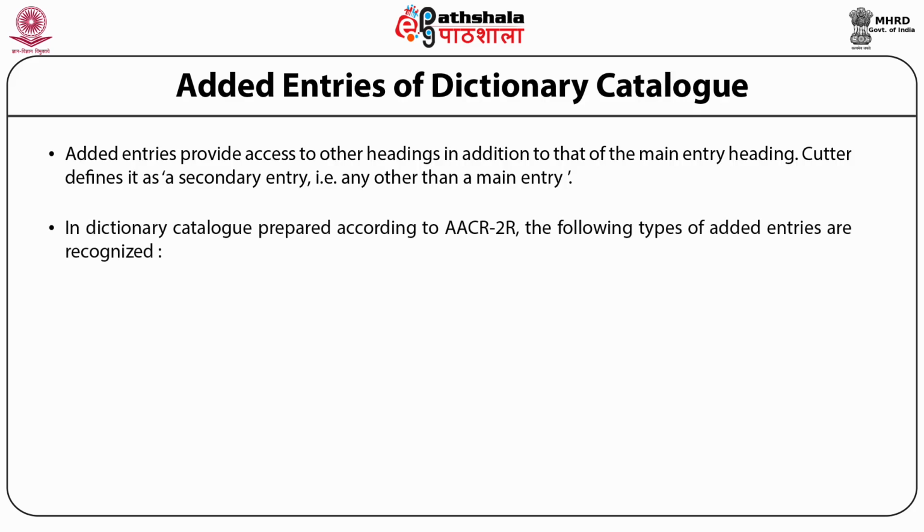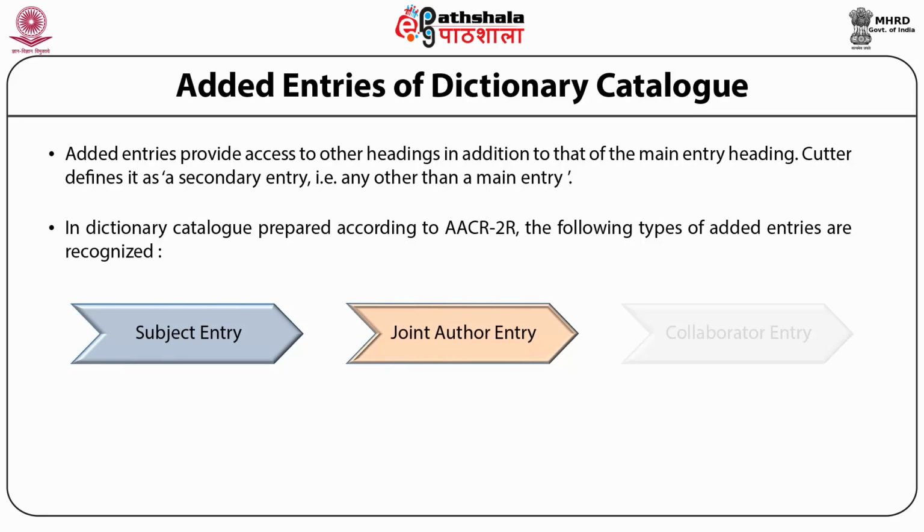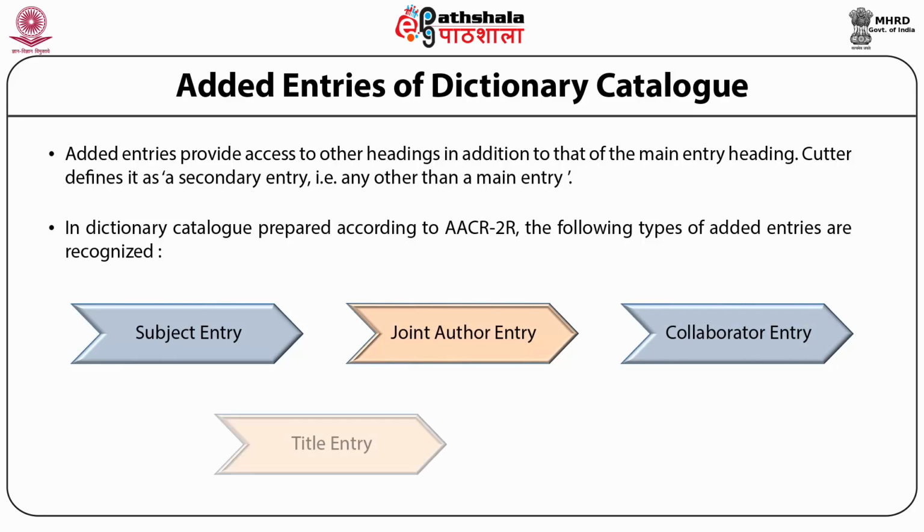In dictionary catalog prepared according to AACR-2R, the following types of added entries are recognized. First is subject entry, second is joint author entry, third is collaborator entry, fourth is title entry, fifth is series entry. Structure.